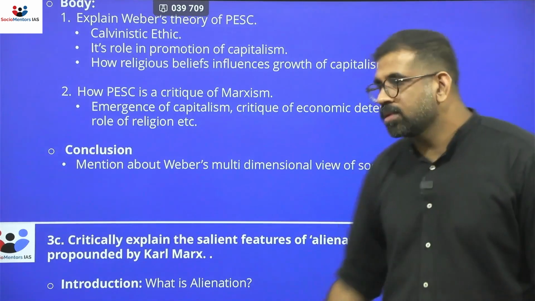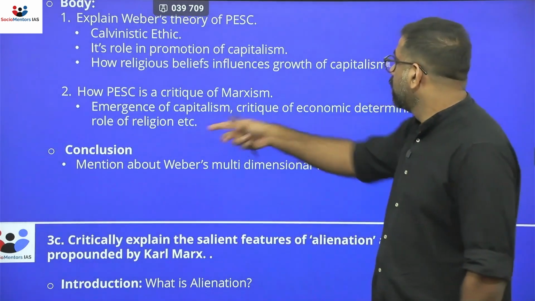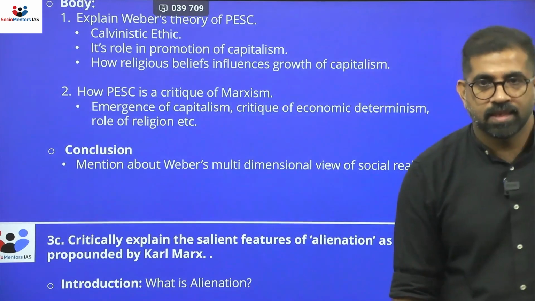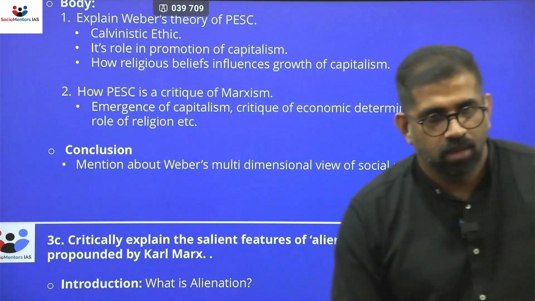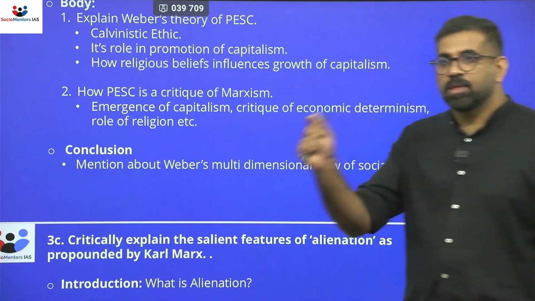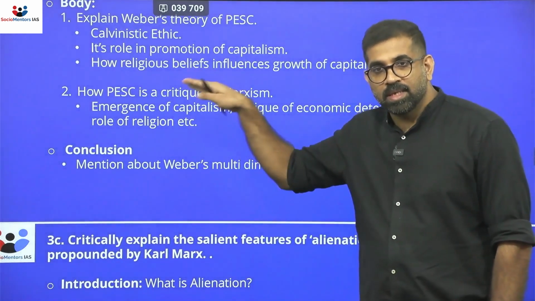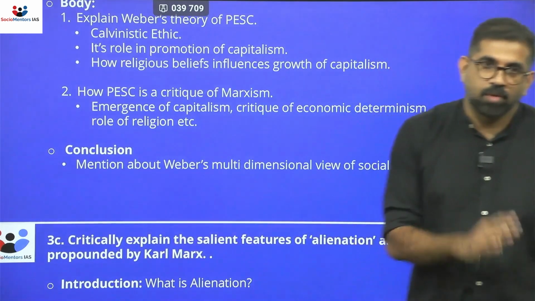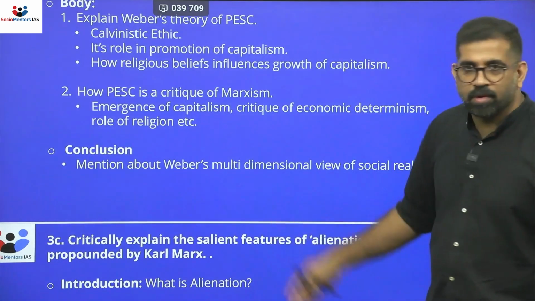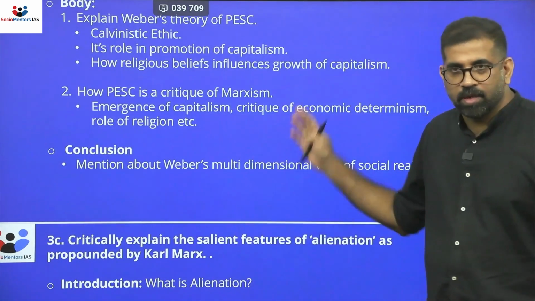So that is a criticism of economic determinism. You can also mention the role of religion, how religion can act as a source of social change. Likewise, you have to mention how Weber's idea is a critique of Marxism as a whole. Clear?